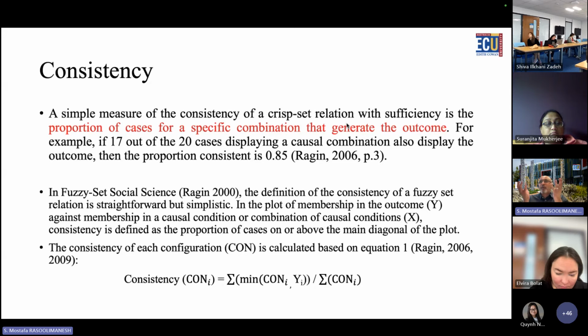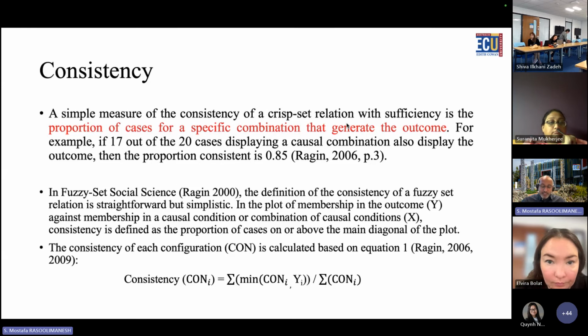But to understand the meaning of consistency, we go with the simplest way and simple definition with crisp sets, where we only have 2 values. The definition of consistency is the proportion of cases with a specific combination of factors that generate a high level of outcome.